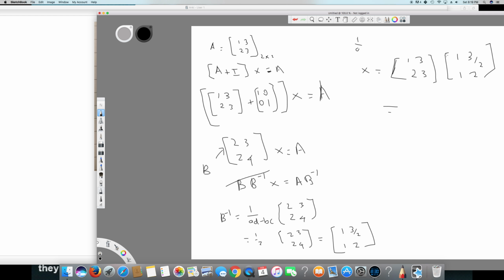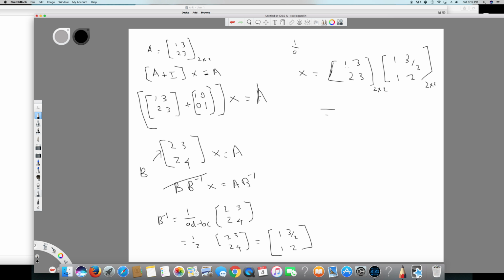To multiply, this is 2 by 2, 2 by 2, row by column. First row by first column, 1 times 1 is 1, 3 times 1 is 3, so 1 plus 3 is 4. First row second column, 1 times 3 by 2 is 3 by 2, 3 times 3 by 2 is 9 over 2, so 9 over 2.